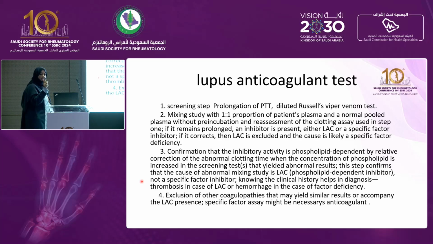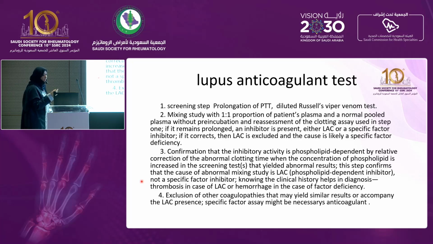You will put the same amount of the patient and the normal sample, maybe a 1-to-1 proportion, and then if there is correction of the PTT test, that means the patient has some coagulation factor deficiency that is corrected by the normal plasma.